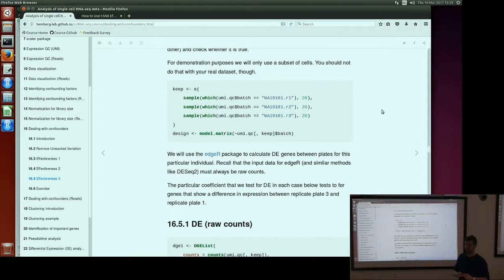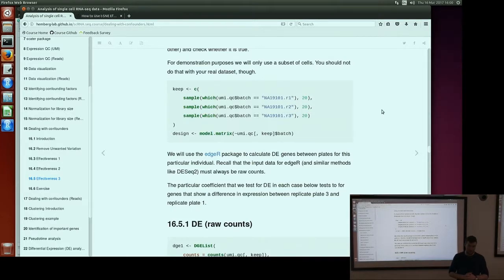Because if there are no systematic differences between the batches, we shouldn't see any differentially expressed genes, because these are replicate cells, or cells under the same conditions. So under this assessment, a better method will have fewer differentially expressed genes between batches when the cells are coming from the same individual. So that's the idea.